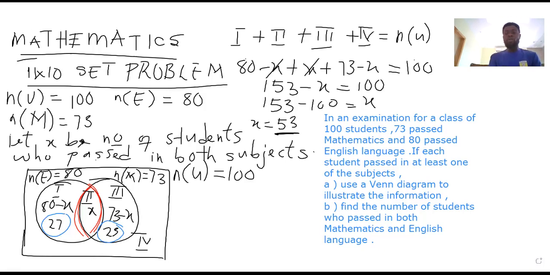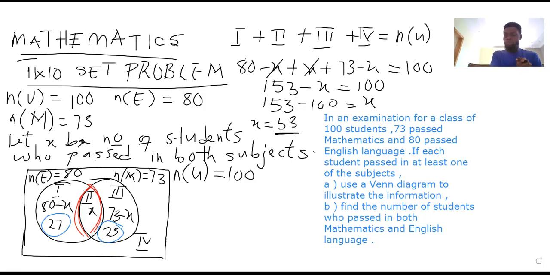They can also ask you to find the number of students who pass in one or two. Listen to the key words, one or two. Students are always confused with these words. Find the number of students who pass in one or two. That means we add the number of students who pass in English only, plus the number who pass in both subjects, plus the number who pass in mathematics only.